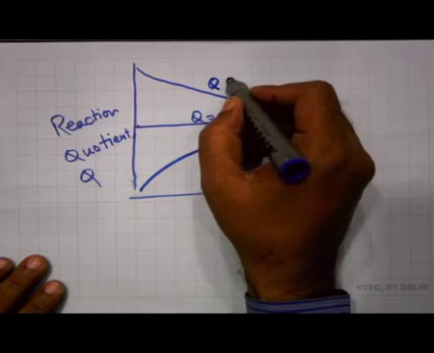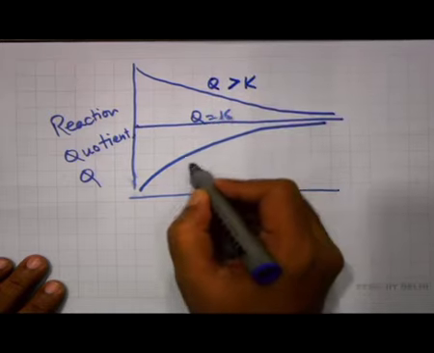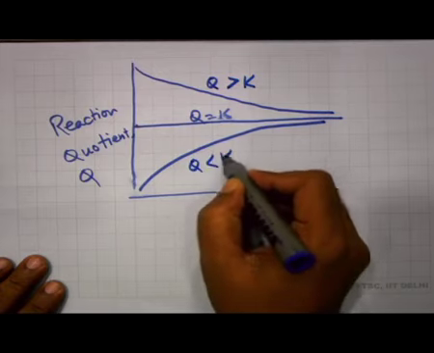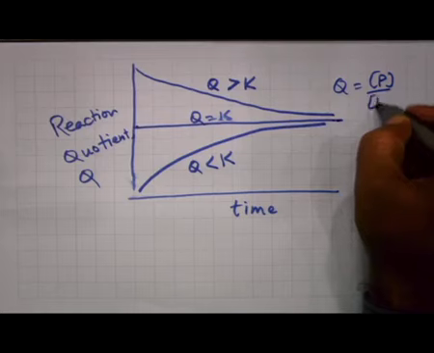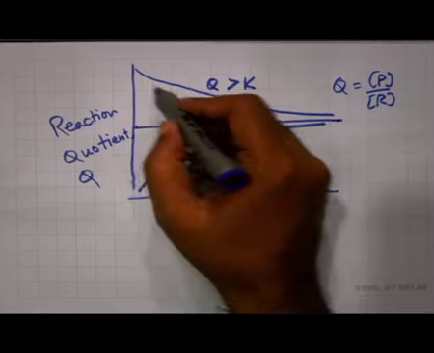This is for Q greater than K and this is for Q less than K. Q is product by reactant. So, Q is decreasing.